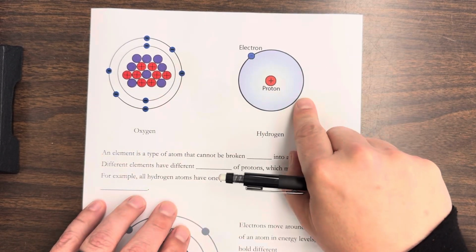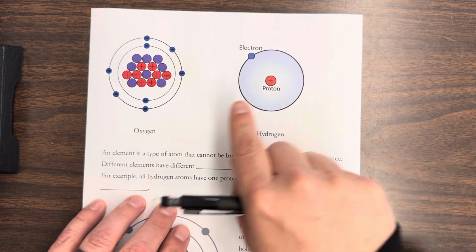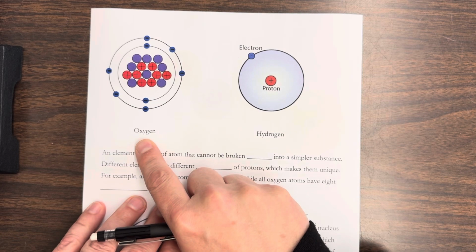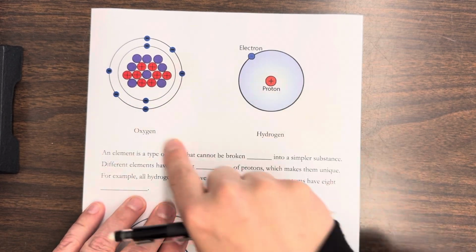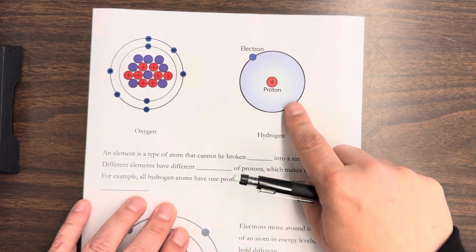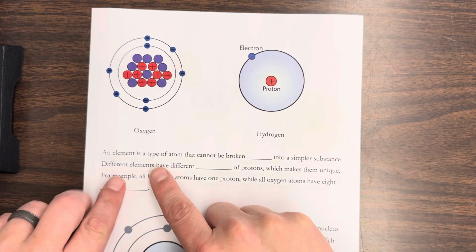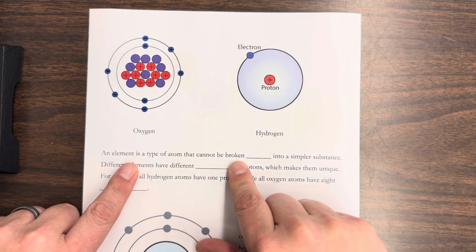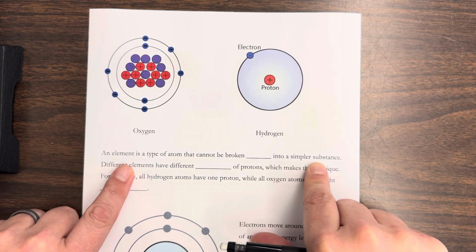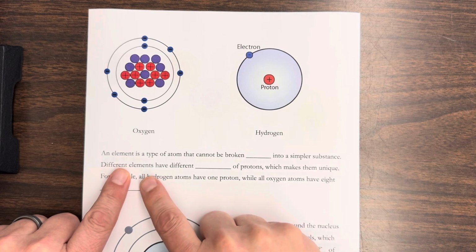So I've got some more diagrams here of atoms, but a couple of different ones. Looks like one is labeled as oxygen and one is labeled as hydrogen. But now we want to get into why is this one oxygen and that one hydrogen. An element is a type of atom that cannot be broken down into a simpler substance.